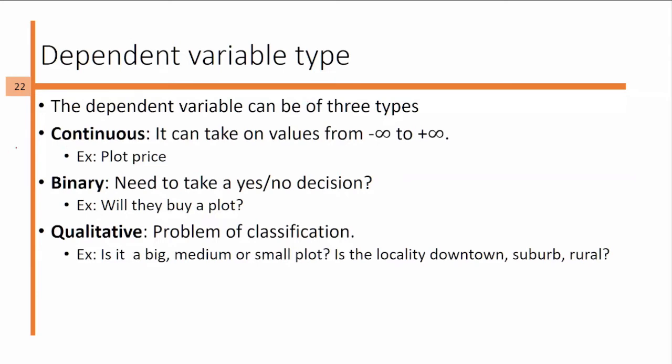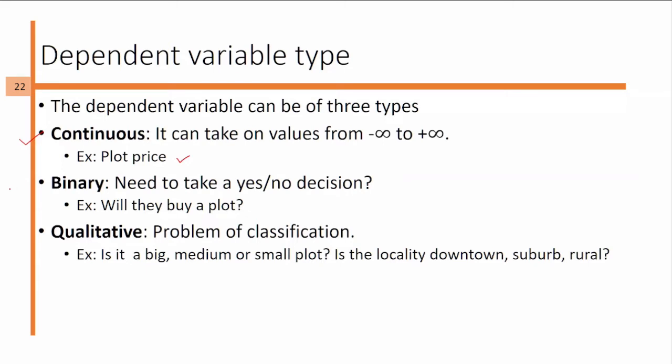The dependent variable can be of 3 types. It can be continuous, taking on values from minus infinity to plus infinity, for example plot price. Depending on the dependent variable, you'll choose your model.